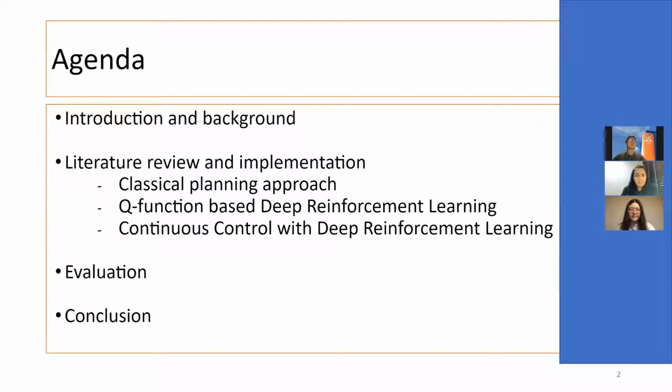And the next two papers actually talk about reinforcement learning. But as we know, there are two types of reinforcement learning mainly. One is based on the Q function and the other one is a policy driven one. And finally, we will move on to our evaluation of the three implementations and the conclusion.